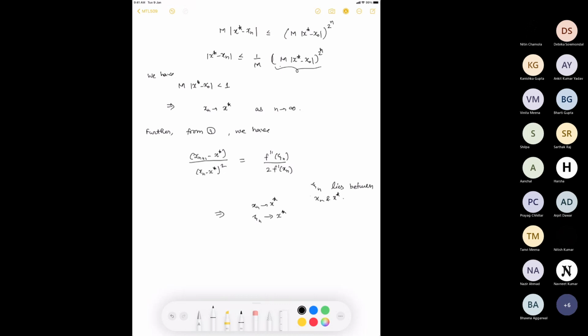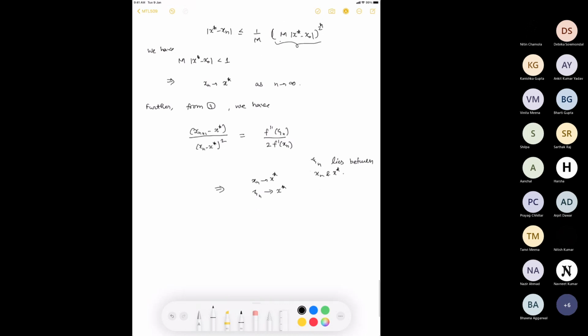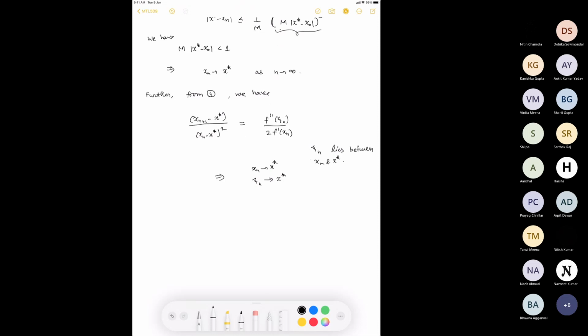Okay, so you can see that here we are using many things from basic analysis, right? If you have a sequence x_n converging to x star and you get another sequence which is sandwiched between x_n and x star, that will have the same limit. And we know that f double prime is a continuous function.